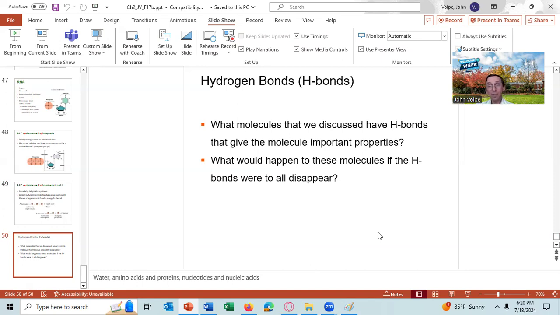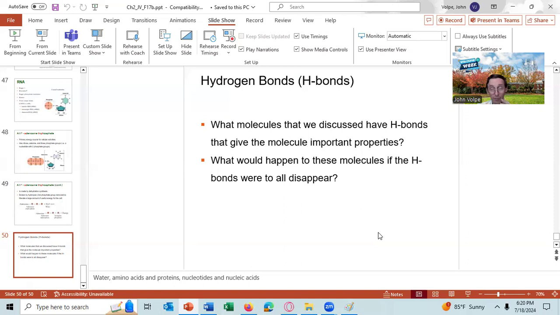What other molecules have we discussed that have hydrogen bonds that give the molecule important properties? DNA. Yeah, DNA. You wouldn't have 2 strands of DNA without the hydrogen bonds. It's true that proteins have their correct folding pattern partly due to hydrogen bonds.